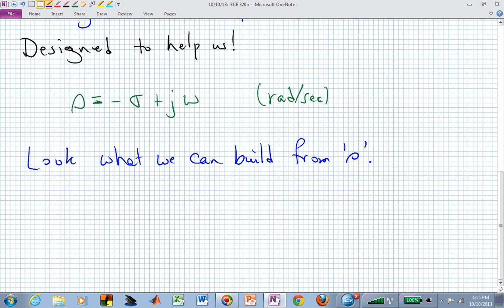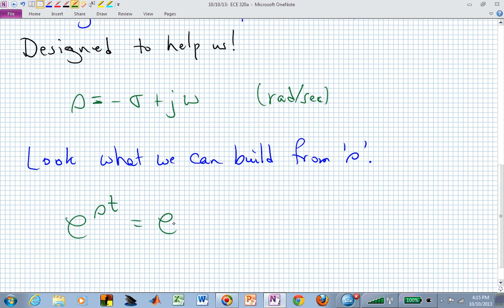If we look at what we can build with s, remember how we looked at phasors. Phasors actually started out with this e to the j omega t, this rotating phasor. If we think of s as being a generalization of the phasor concept, what happens when we look at e to this complex variable s times the time t?